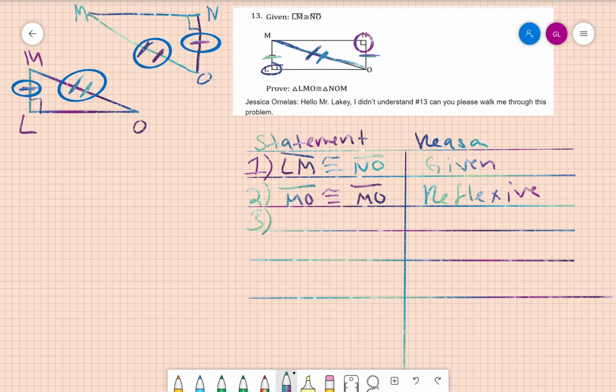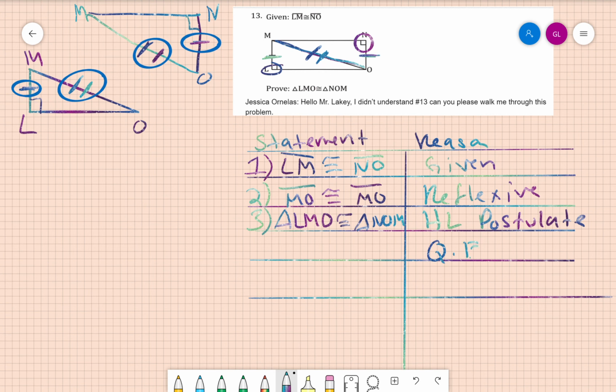We can say that triangle LMO is congruent to triangle NOM, and that's due to the hypotenuse-leg postulate. And the proof with QED.